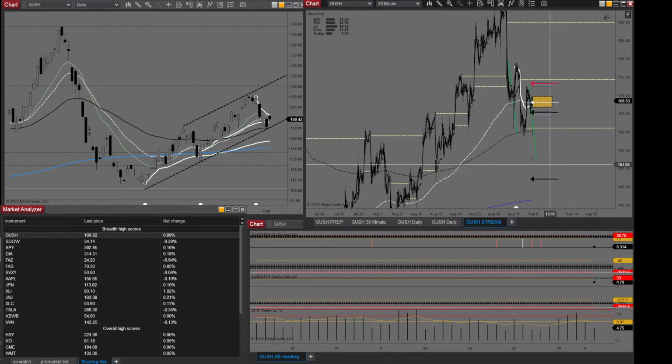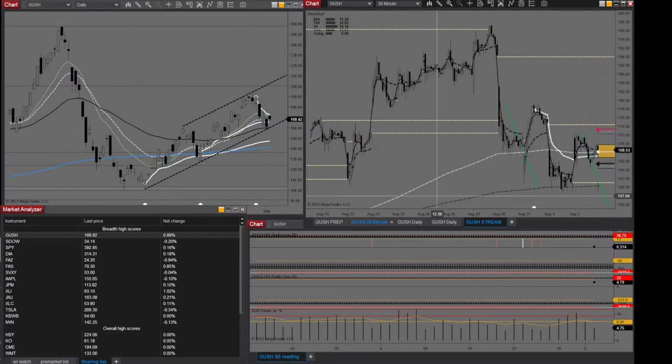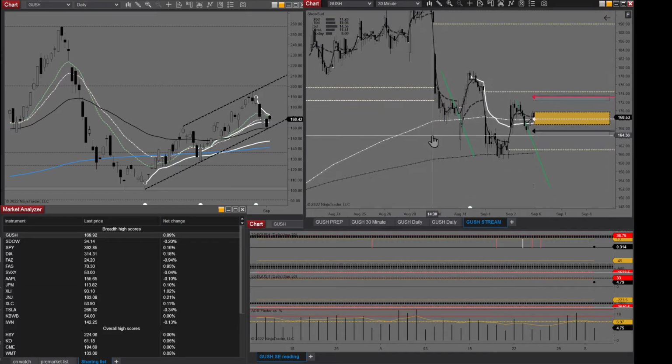It may try to come back up a little bit here and then take out the lows. This is a 30-minute chart. You could do something like that, and it's probably a trend strength reference point, with a swing AVWAP just above here. GUSH, if you're not familiar, is a leveraged ETF that tracks energy, oil, and so on.